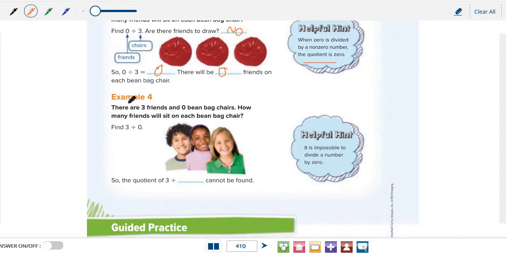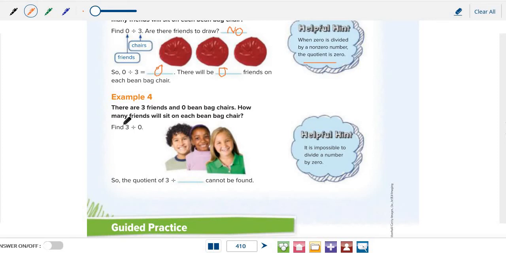Let's solve example number 4. There are 3 friends and 0 beanbag chairs. How many friends will sit on each beanbag chair? What? There are 0 beanbag chairs, and the question is, how many friends will sit on each beanbag chair? How is this? Can we find 3 divided by 0?